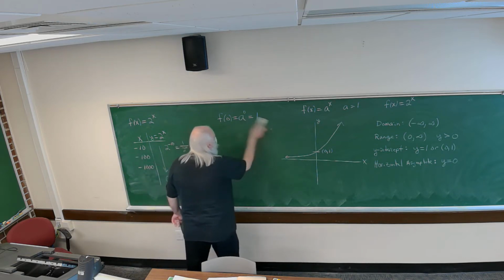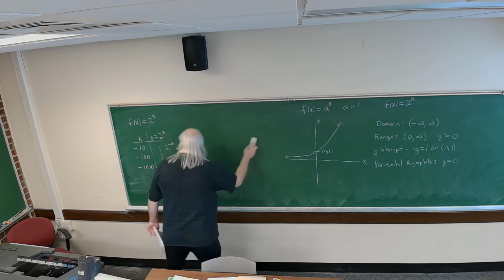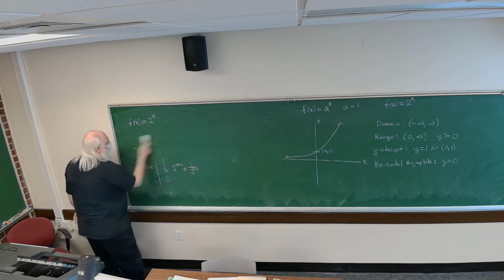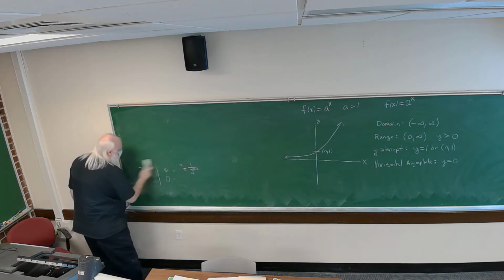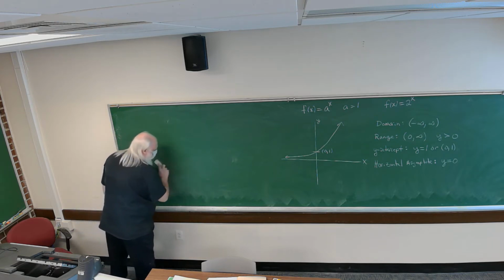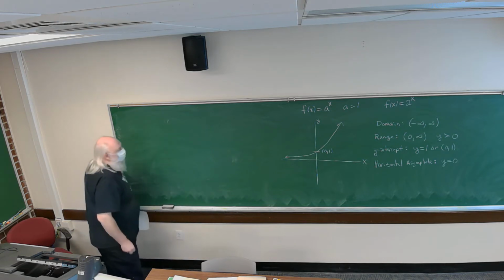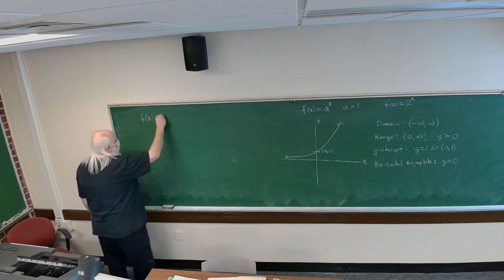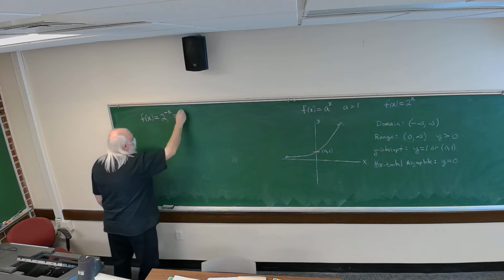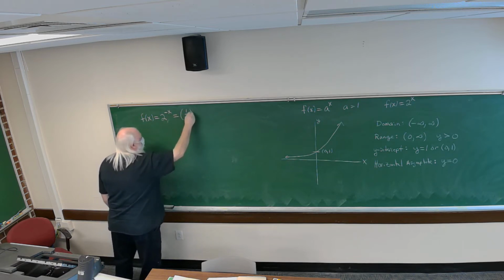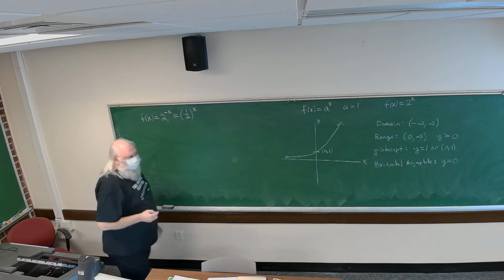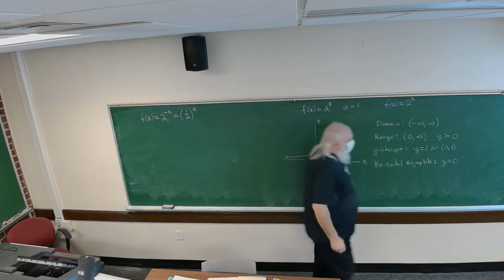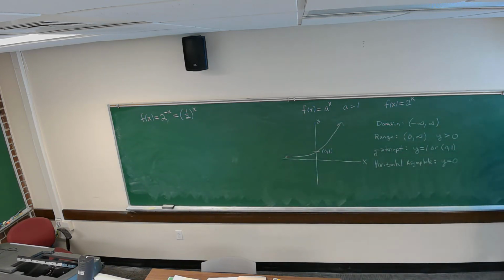So at the top of this page, we graphed f of x equals 2 to the minus x, which we said was the same as 1/2 to the x power. So on the left here, we're going to graph the exponential function where the base a is between 0 and 1.